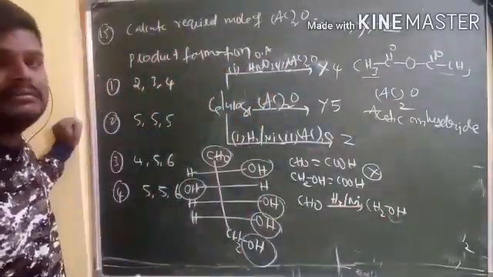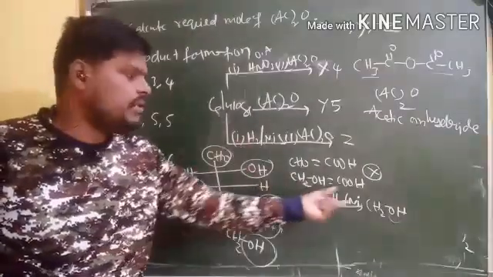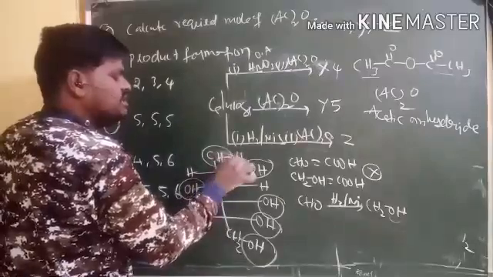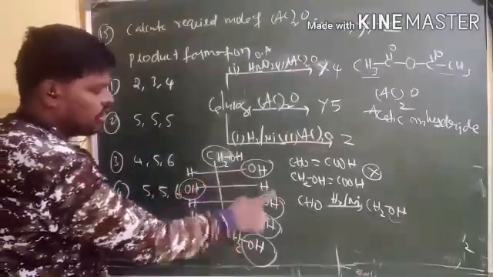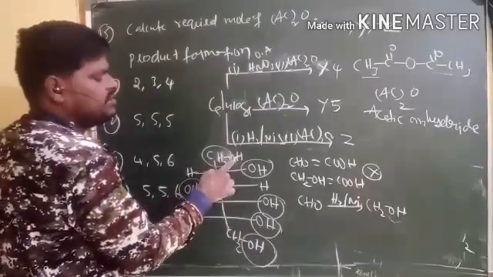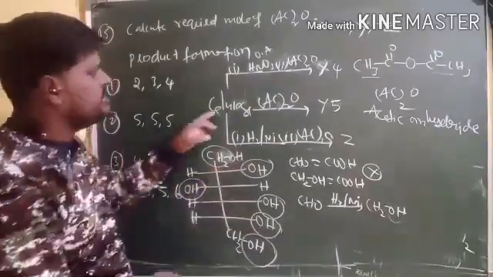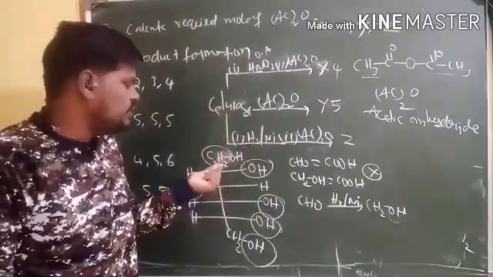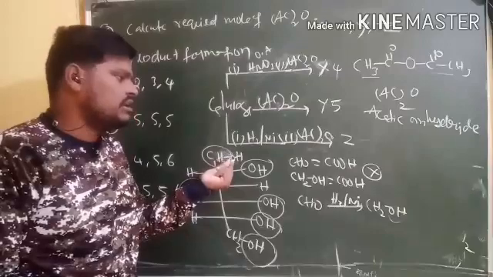When an aldehyde undergoes reduction, it forms an alcohol. So here one alcohol extra is there. Already we have 5 alcohols, and 1 extra OH, that means total 6 OH. So when glucose reacts with H2 and nickel, the aldehyde is converted to alcohol.